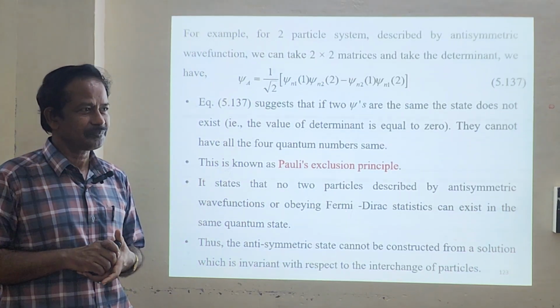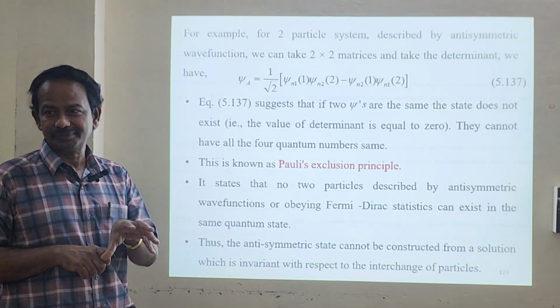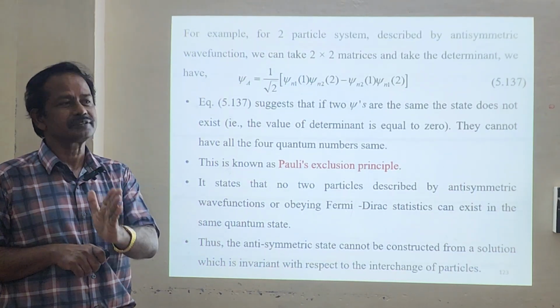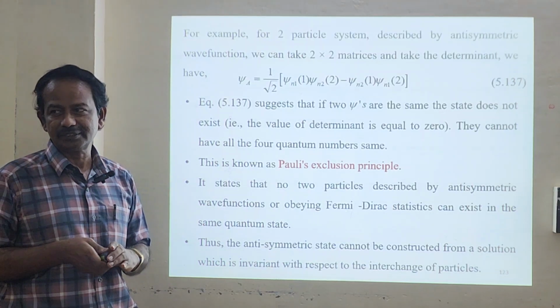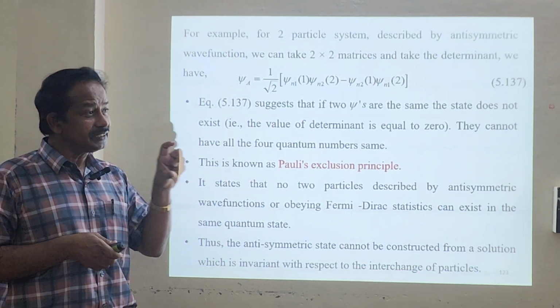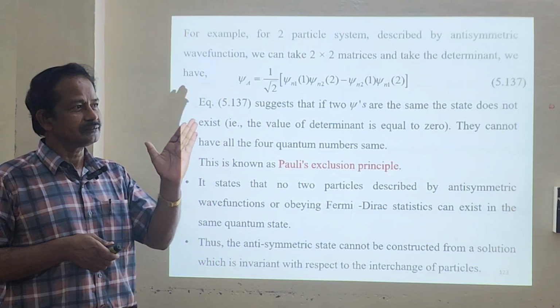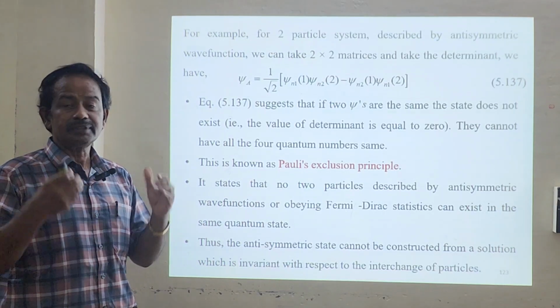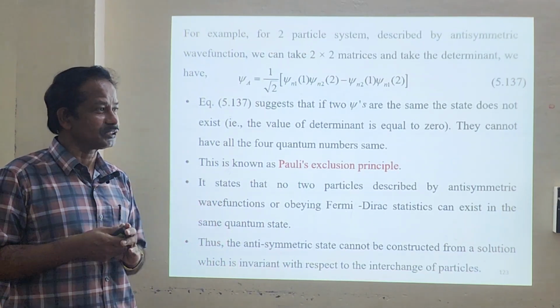Fermions, like electrons, protons and neutrons, have half-integral spins. Bosons have integral spins like 0, 1, that is 0, h bar, 2 h bar, 3 h bar, and so on.